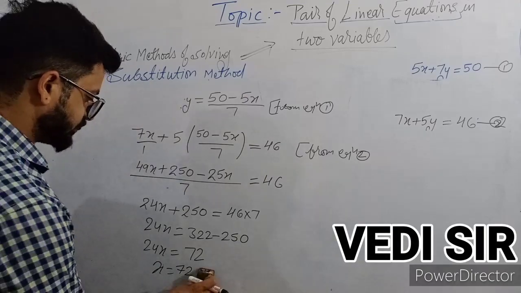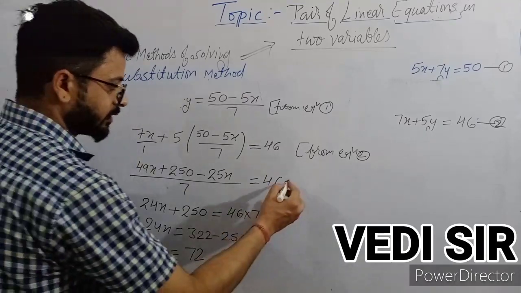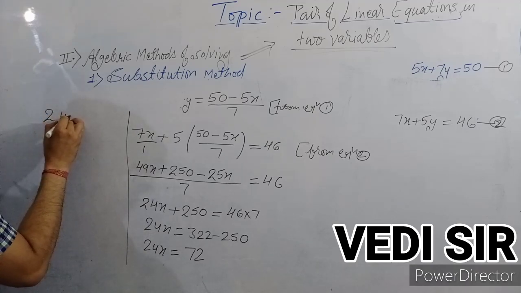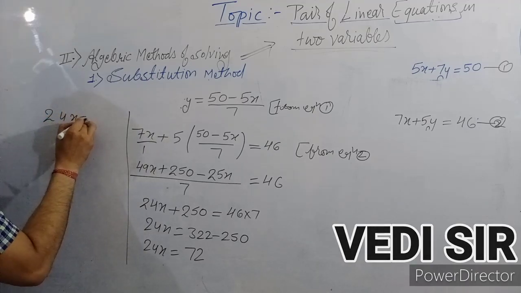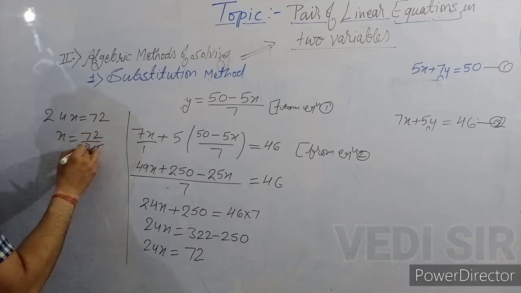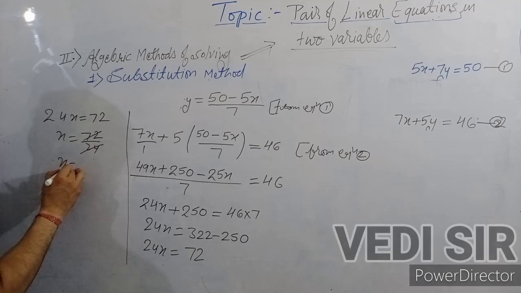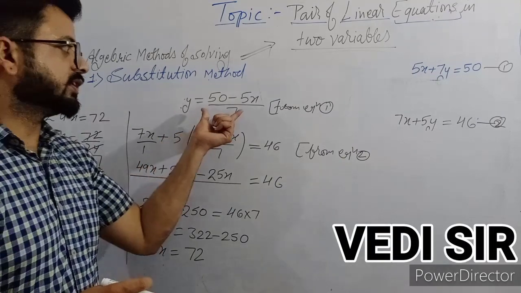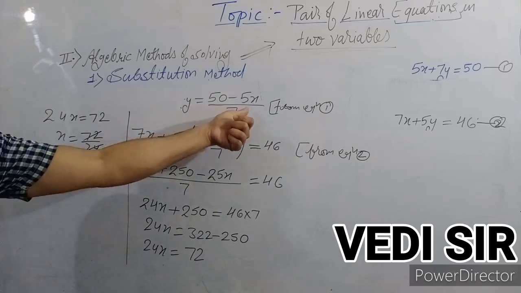Sorry, not visible, I am writing here: 24x is equal to 72, x is equal to 72 divided by 24, 3 times is going, so the x value is coming 3.